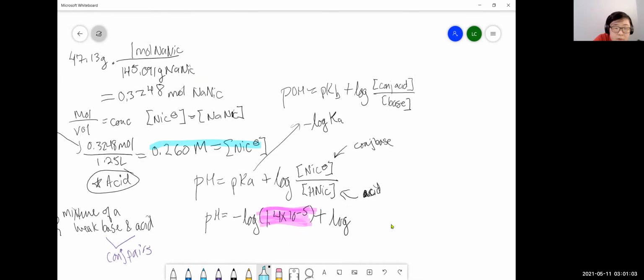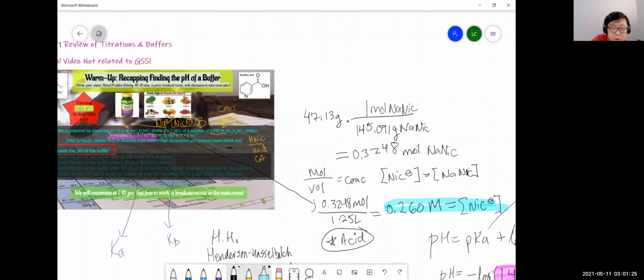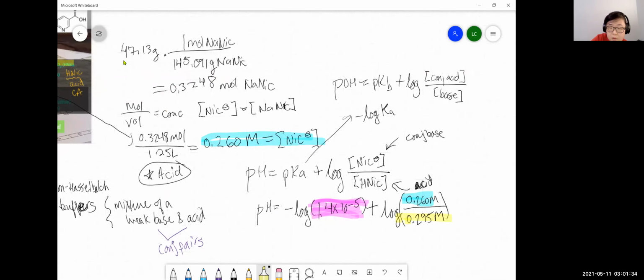Then this value right here is what we want to put for the ratio. So we will write 0.260 molar, all divided by 0.295 molar, which is the original concentration we were just given, of the acid itself we care about.